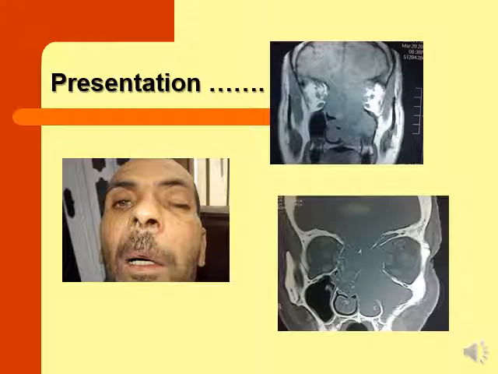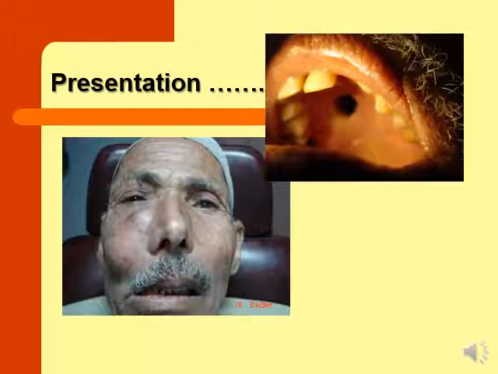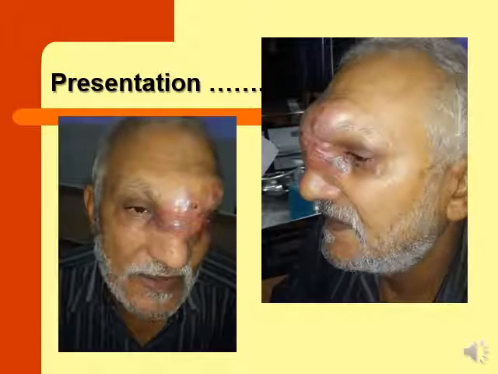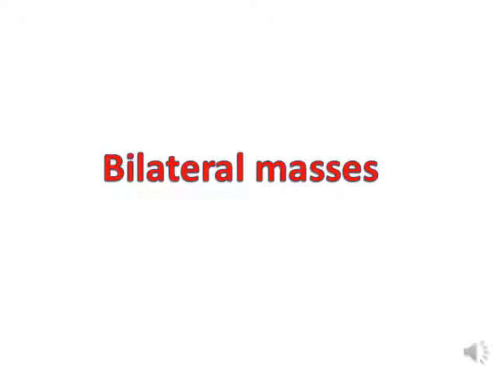Another mass affecting the eye, ophthalmoplegia. Look at this, palatal perforation due to the mass. Here is a cutaneous fistula, and here are the osteomyelitic changes due to the mass.